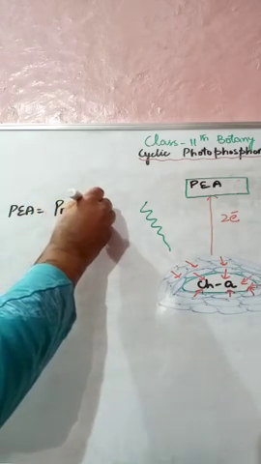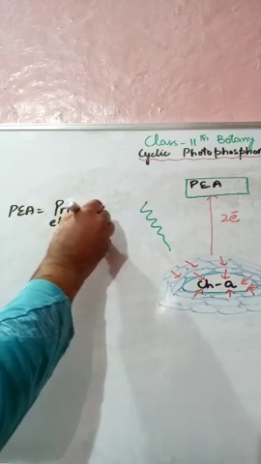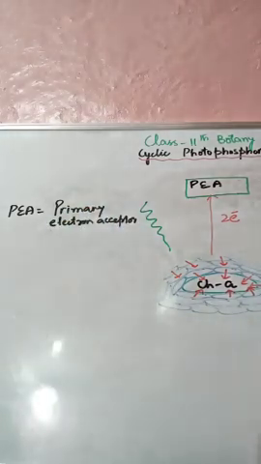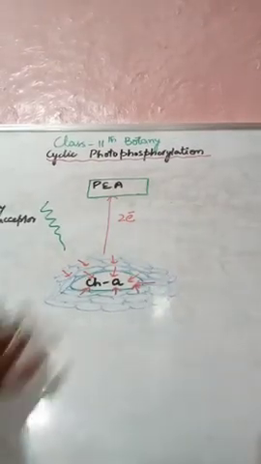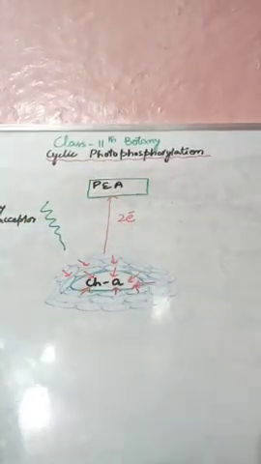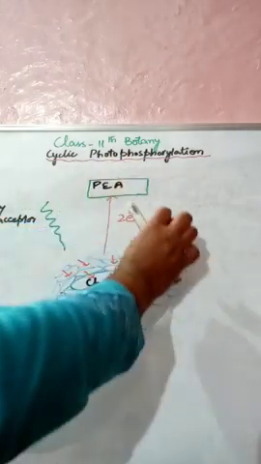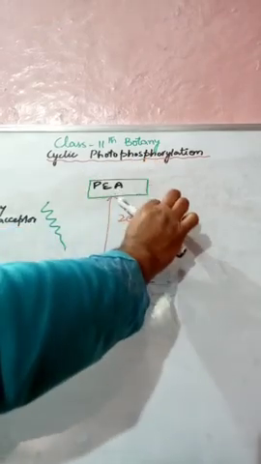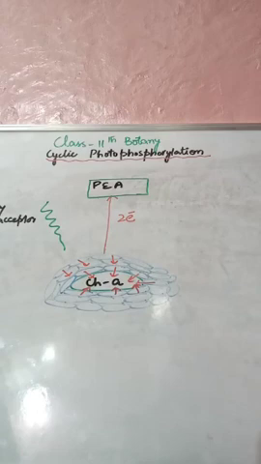Primary electron acceptor. Now this electron which reaches this primary electron acceptor has high potential energy, and it moves down through the electron transport chain.